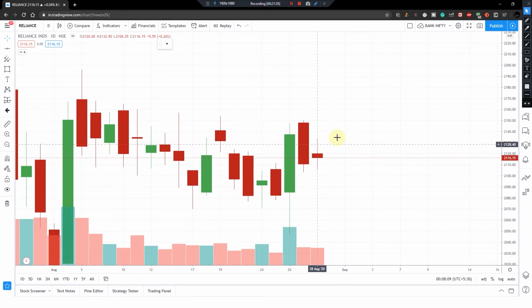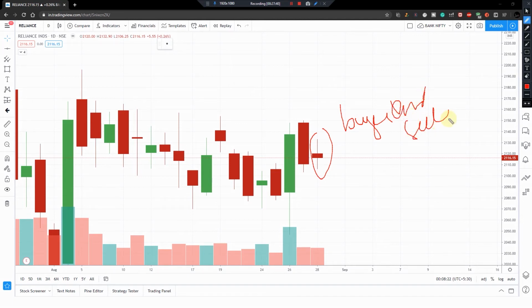We can say the buyers and sellers fought equally. It's like a normal or indecision candle, meaning buyers and sellers were almost equal in power. They couldn't increase the price too much for that day, or decrease it too much, because open and close were almost the same, with around a 2 or 3 rupee difference. Fine.